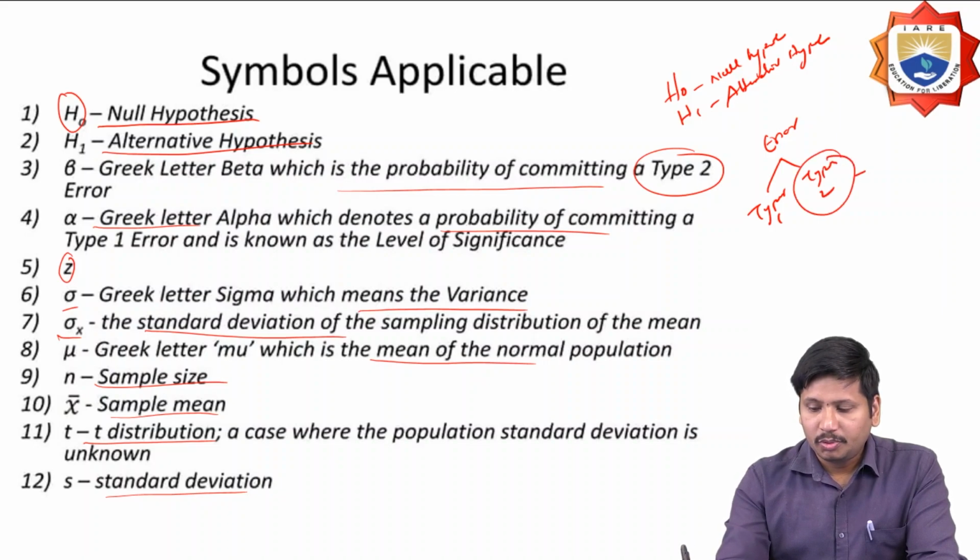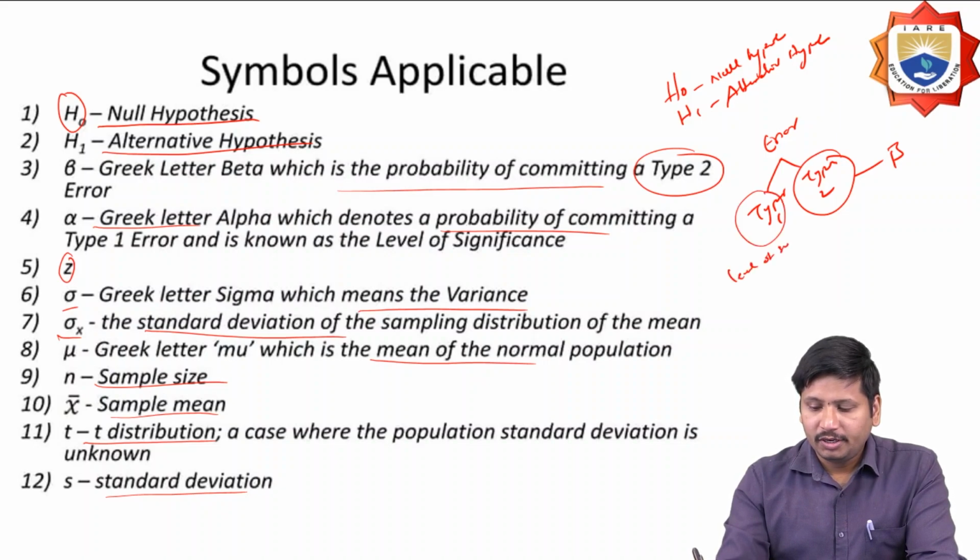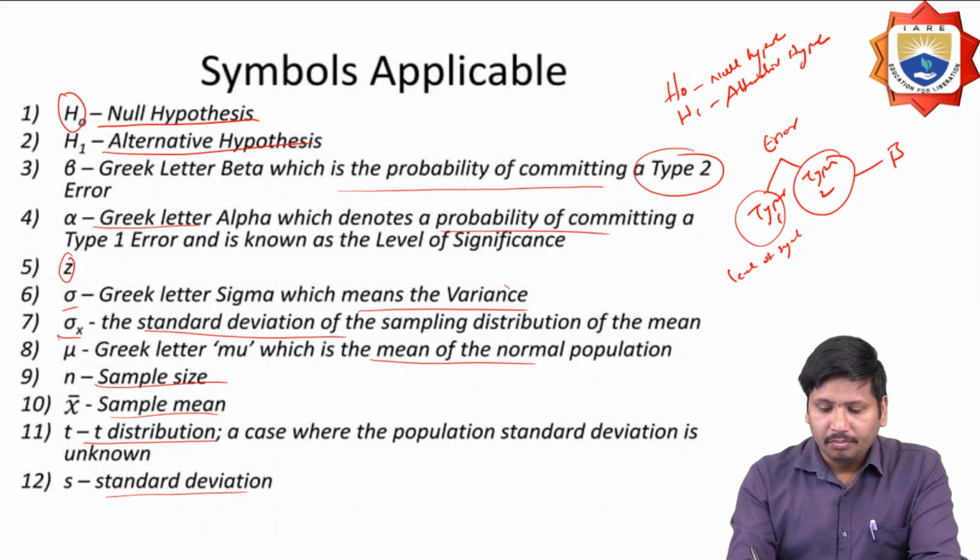To represent the probability of getting a type 2 error, I use beta. Alpha is another Greek letter which represents a type 1 error, also known as the level of significance. And sigma represents the variance.